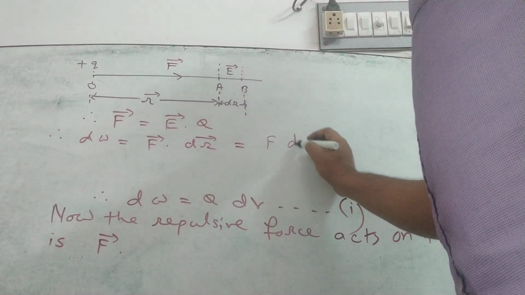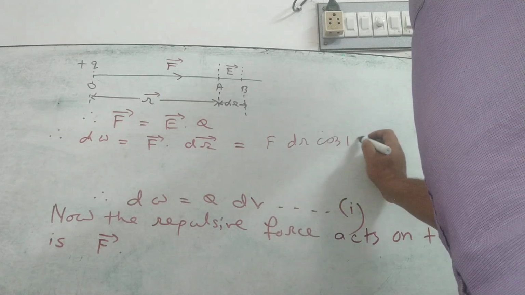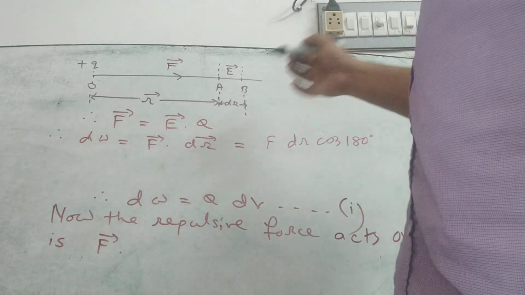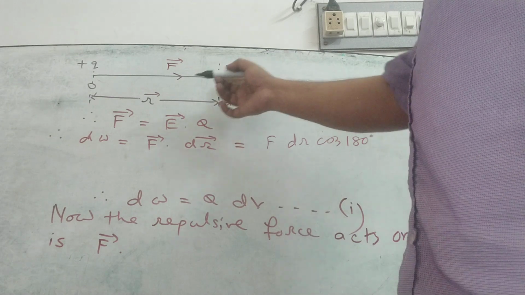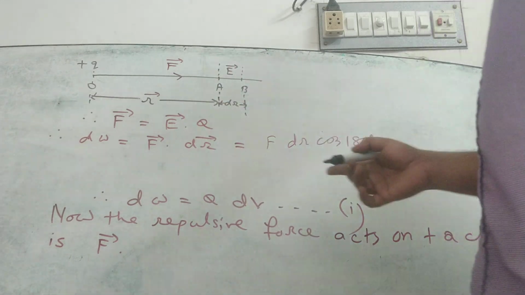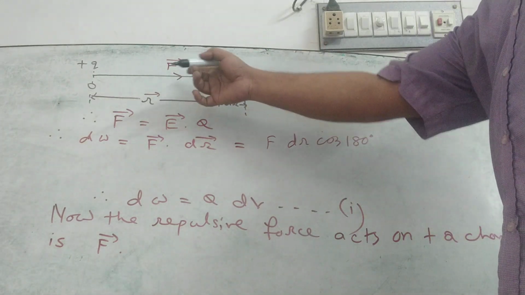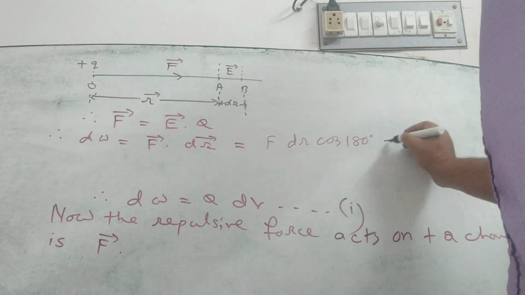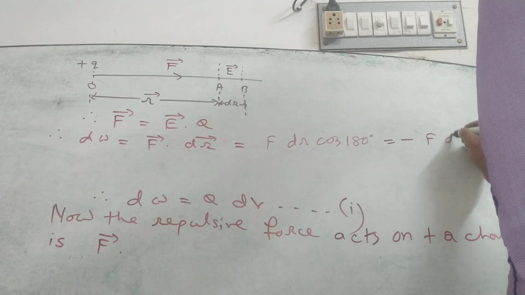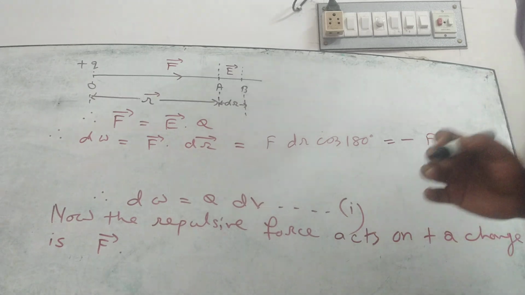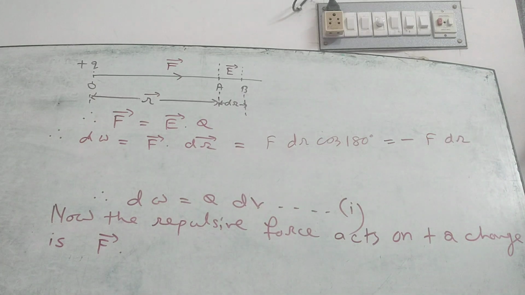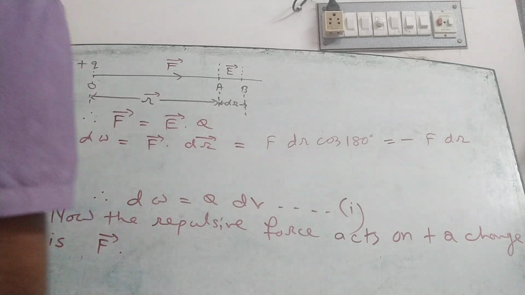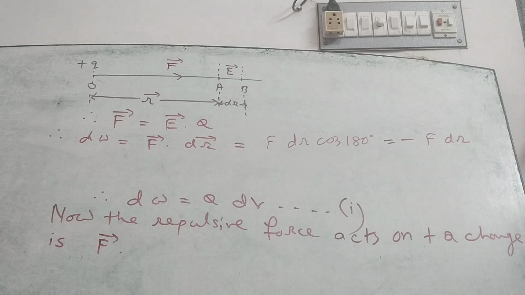Therefore, F dr cos 180, because the displacement occurs from B to A and the electric force acts from A to B. This is equal to minus F dr. This is equation number 2.